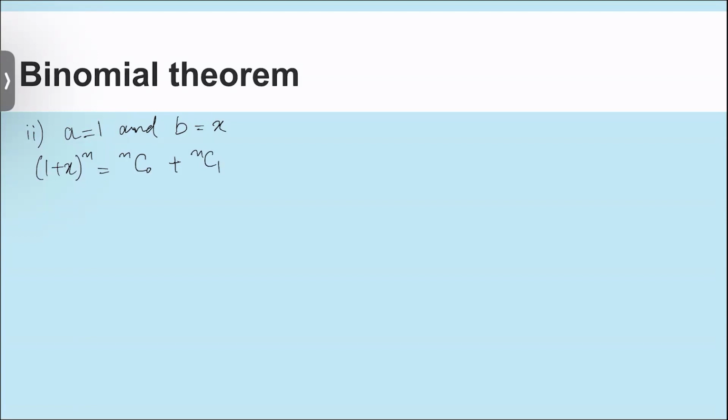Then you will have 1 raised to n minus 1. So that will remain as 1 any which way. So you will have x raised to 1 over here. Okay. Then you have nC2. So 1 raised to n minus 2. So anyway, it will remain 1. And you will get x raised to 2. Okay. Then you have nC3.